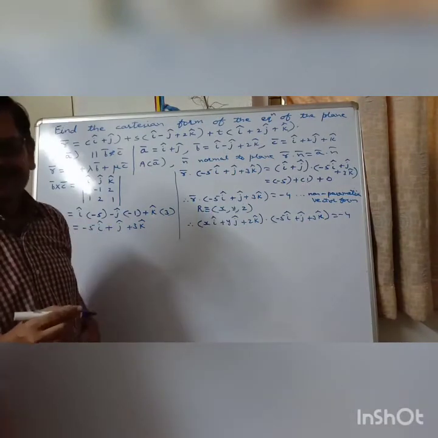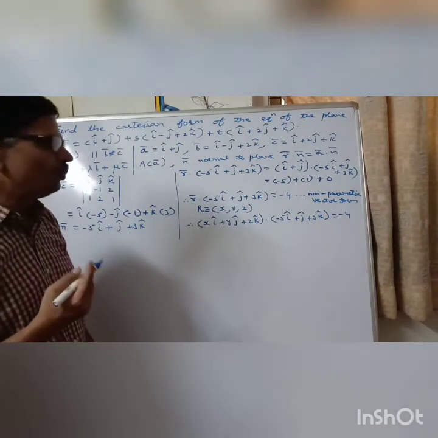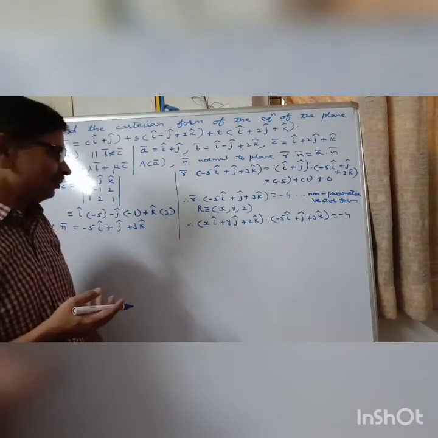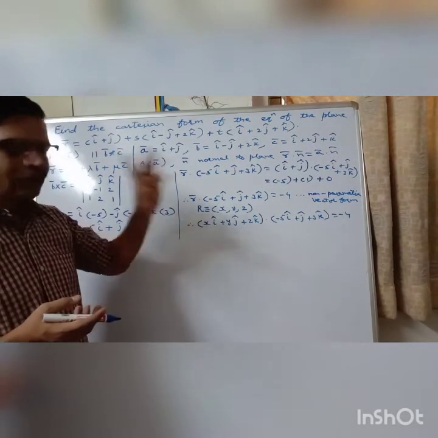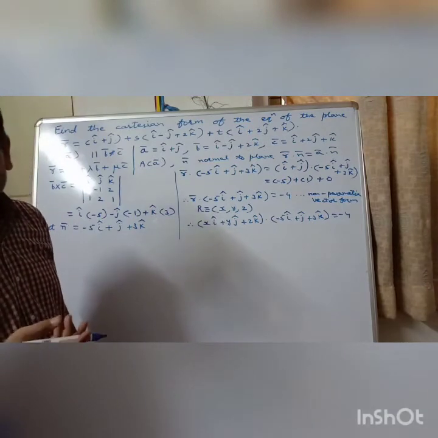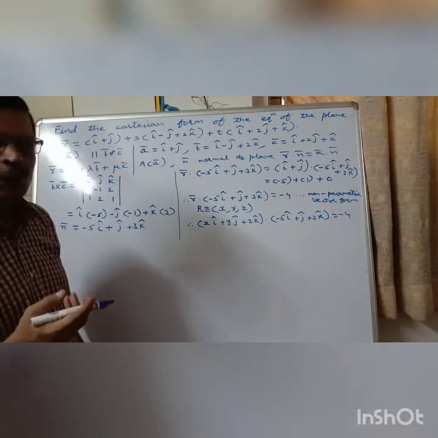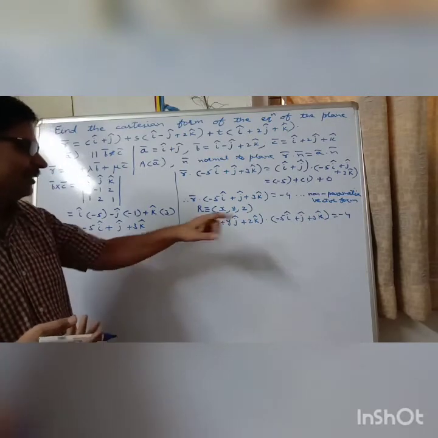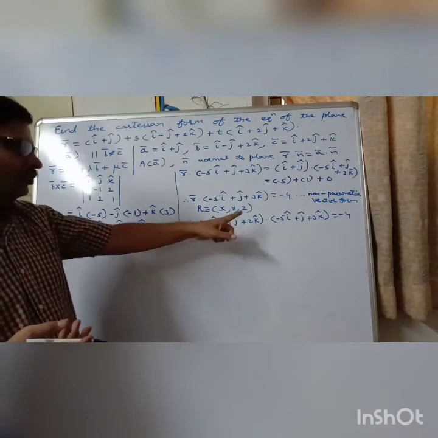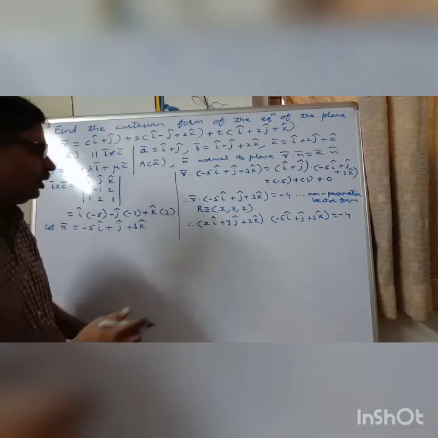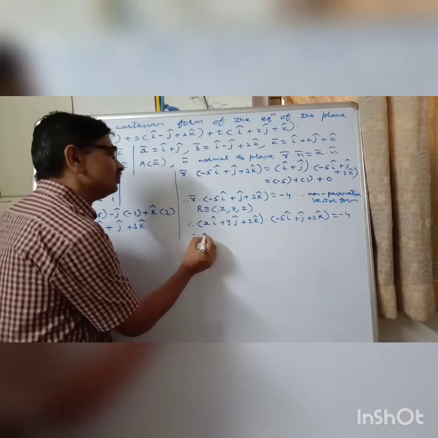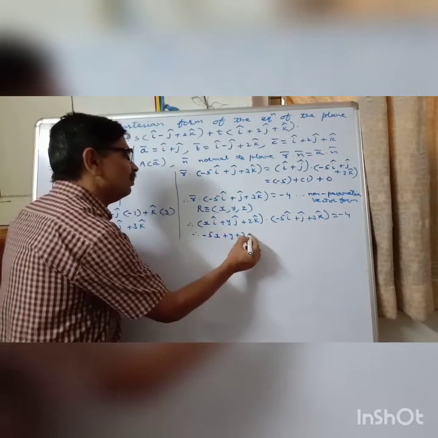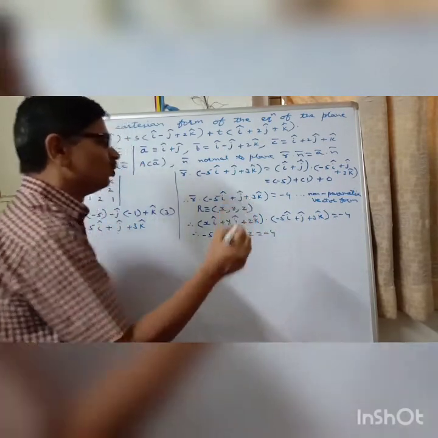Again on LHS also dot product of two vectors, so it is a scalar quantity and both the vectors are in terms of i, j, k. Find sum of product of coefficients of i, j, k, x into minus 5 plus y into 1 plus z into 3. So we get minus 5x plus y plus 3z equal to minus 4.